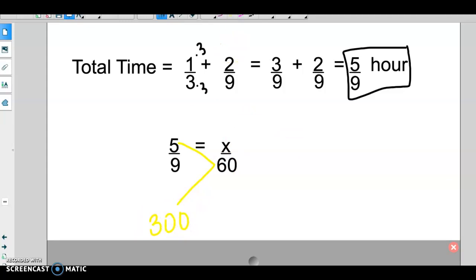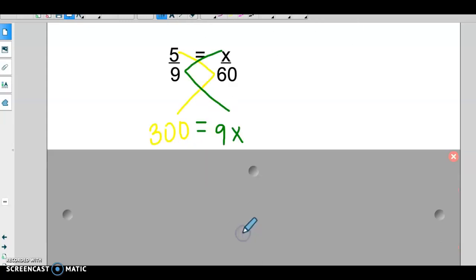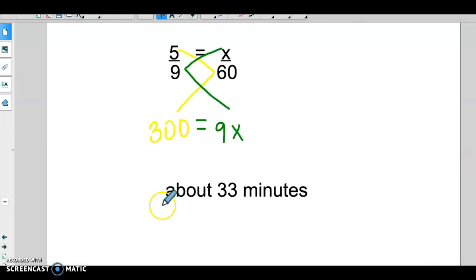This is how we cross multiply. Equals x times 9 gives me 9x. And then I solve this little equation for x, and I get x equals about 33 minutes. Okay, and that's how long she was on the trip.